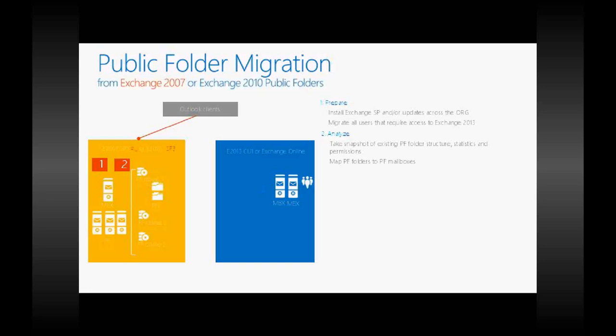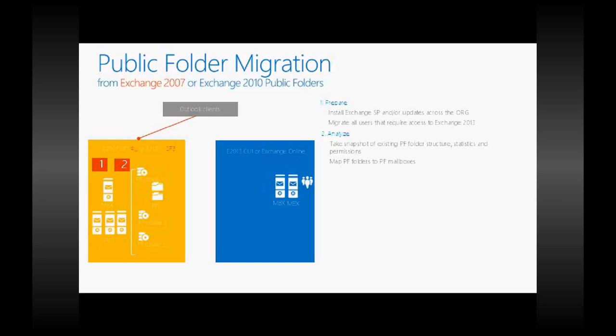We can also then use another script, which is called Public Folder to Mailbox Map Generator. What this will do is take the CSV, the output from the public folder statistics script, and use that as an input to the public folder to mailbox map generator.